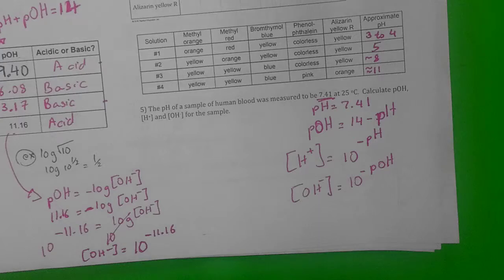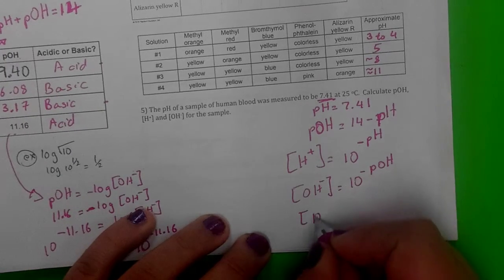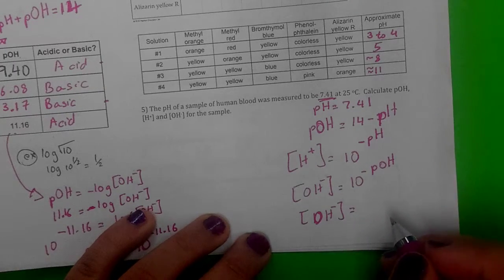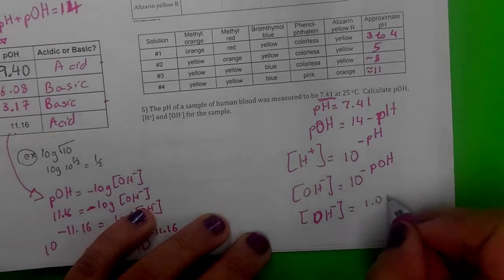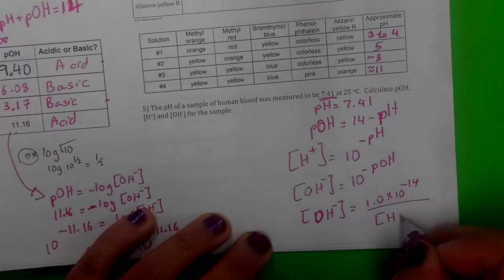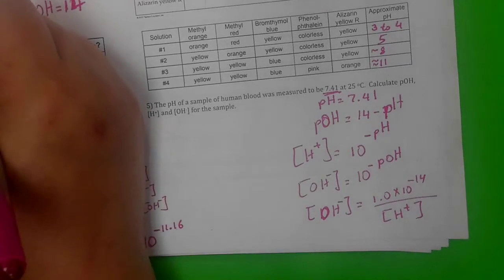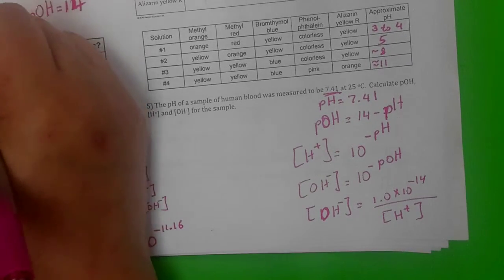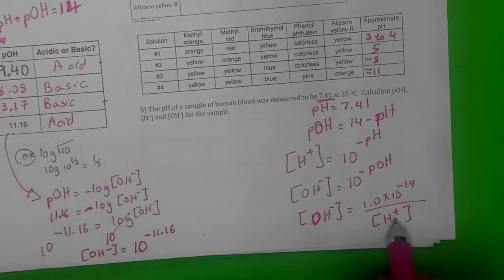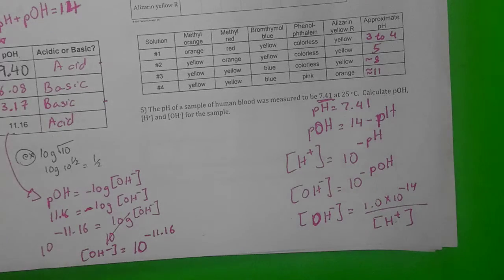How about I use the H plus instead to find it? 1.0 times 10 to the negative 14 divided by H plus. So you can also do that, because H plus times OH minus is this. So you should be able to figure it out.